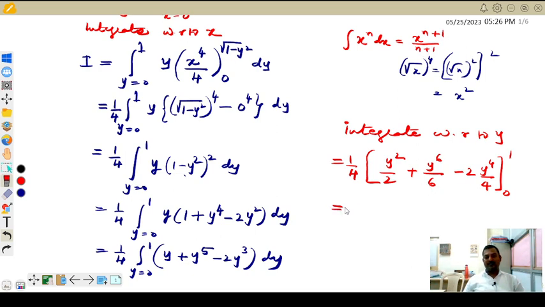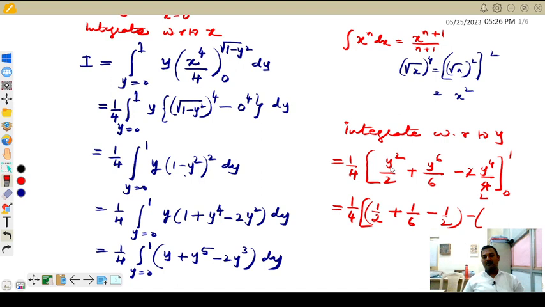So now here substitute upper limit minus lower limit. 1 by 4 times, substitute: 1 square by 2 is 1 by 2, plus 1 raised to 6 by 6 is 1 by 6, minus 2 times 1 raised to 4 by 4, which is 1 by 2, upper limit.